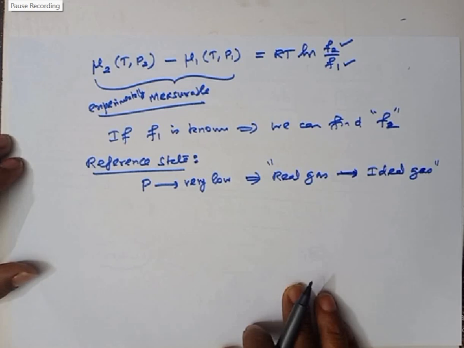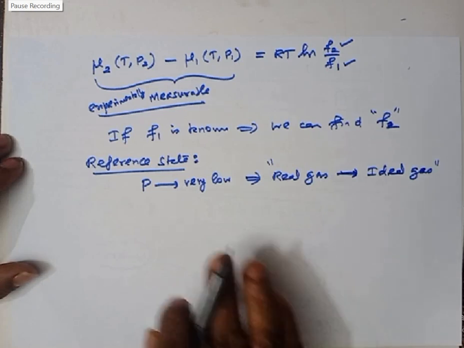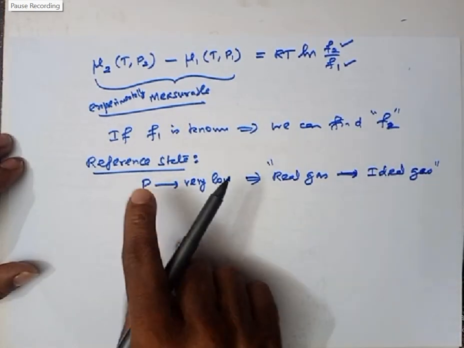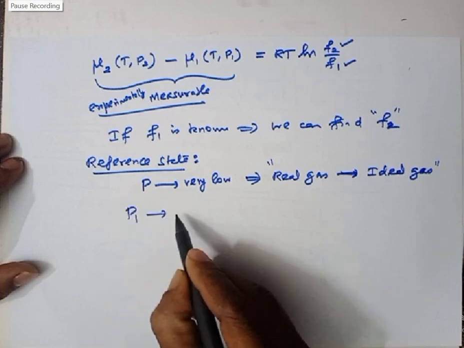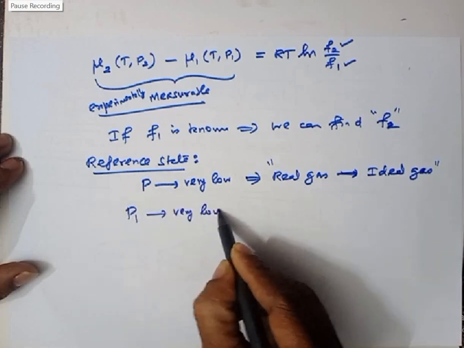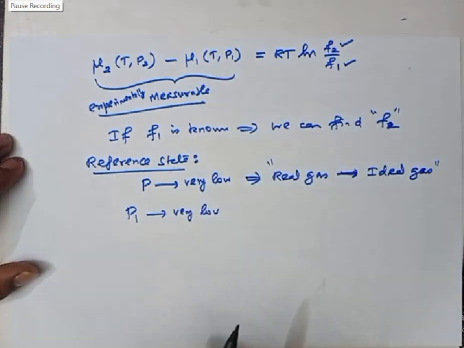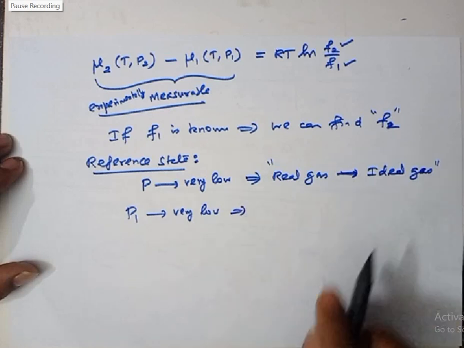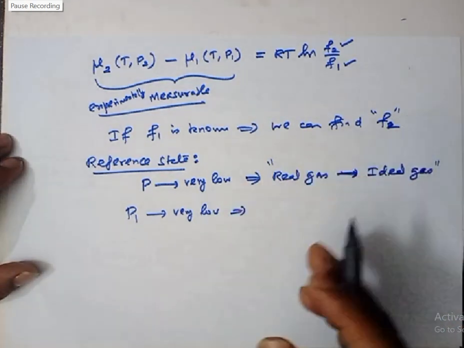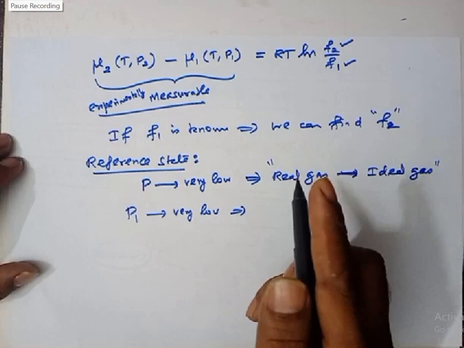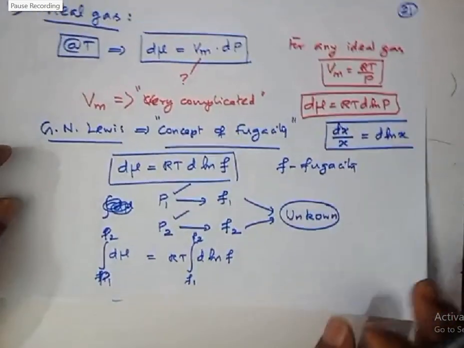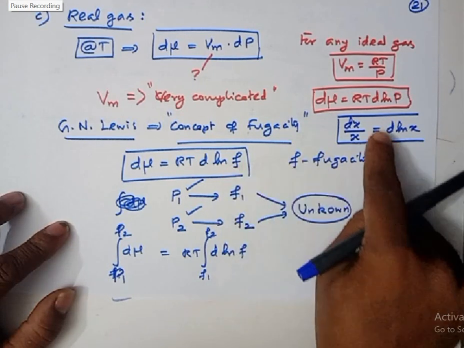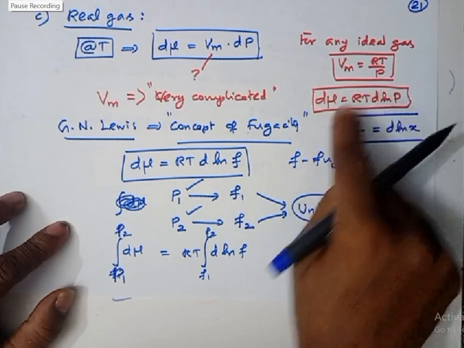Now listen. Suppose I choose initial pressure P1 to be very low. At very low pressure, real gas behaves like ideal gas. For ideal gas, observe carefully, see this equation.